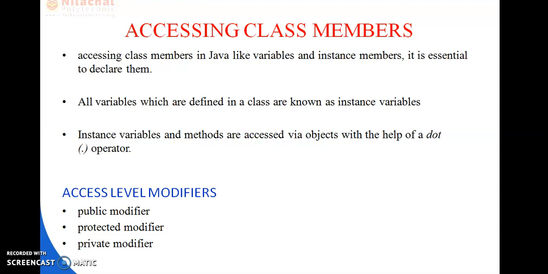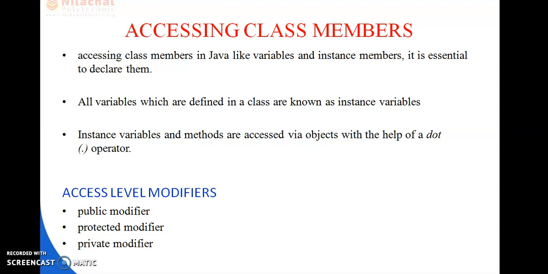Variables that are defined inside methods, constructors, or blocks are called local variables. The variable will be declared and initialized within the method, and it will be destroyed when the method is completed. That was the local variable.